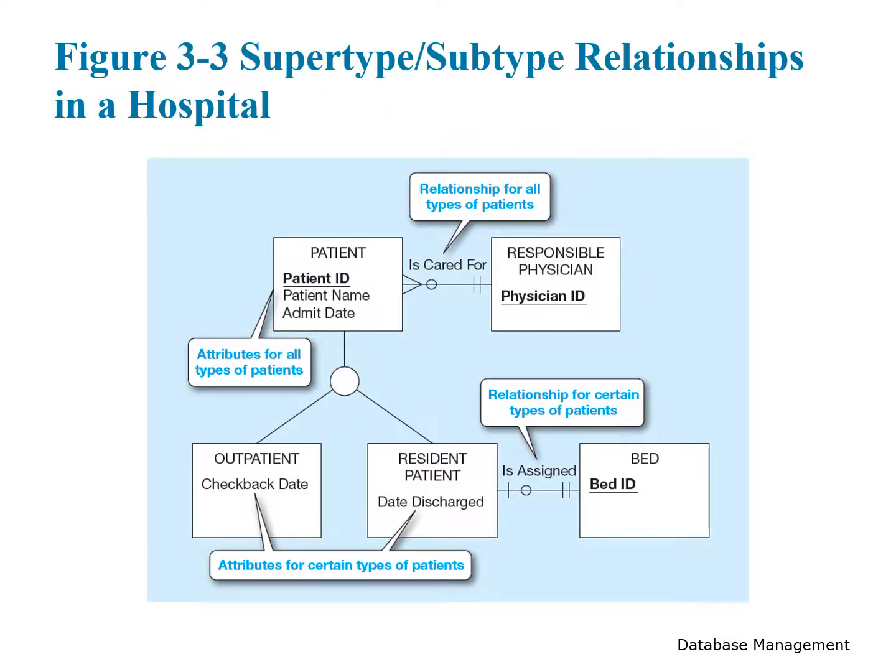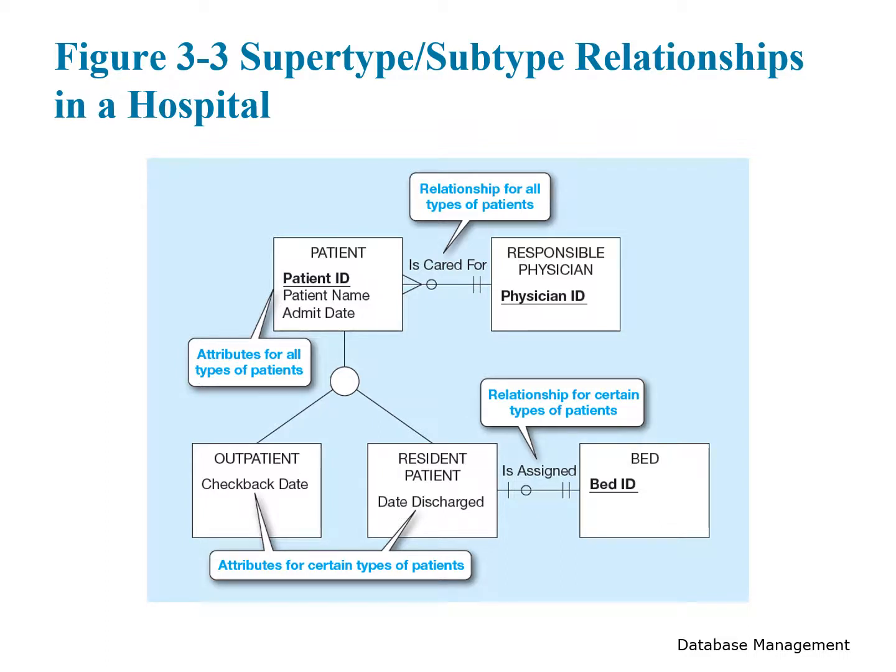Figure 3-3, supertype-subtype relationship in a hospital. There are patients, and they have attributes patient ID, patient name, admit date, and also responsible physician ID. So the relationship for all types of patient is the is cared for relationship. And there are two types of patient: one is outpatient, the other one is resident patient.